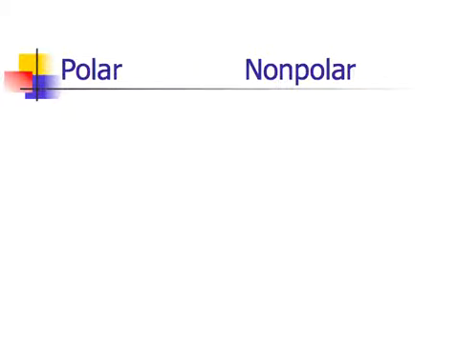So before we do this, we're going to do a quick little review of polar and nonpolar molecules, because we need to know the difference between them to be able to figure out what types of forces these molecules are going to have.